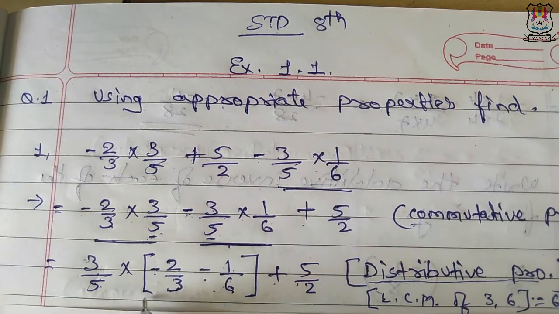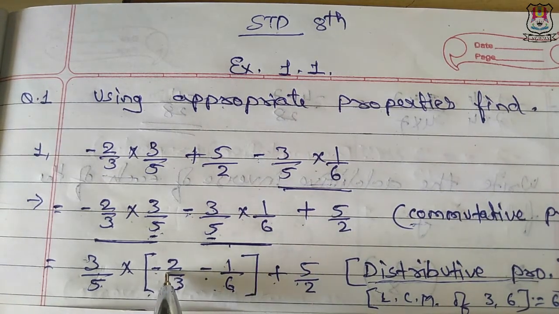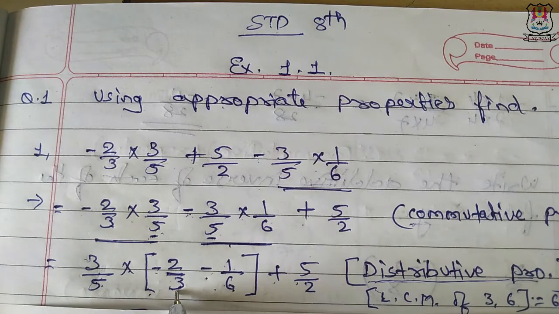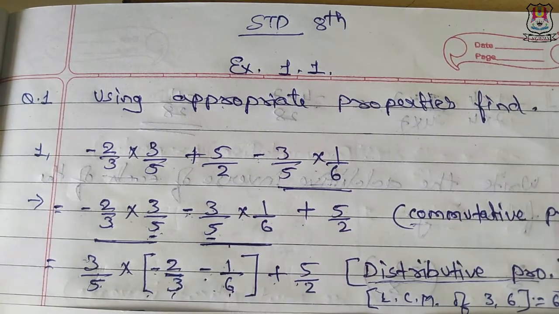Now in the bracket, these are the two rational numbers, both are negative, and there are 3 and 6 as denominators. So what we can do, we can find out the LCM of 3 and 6.